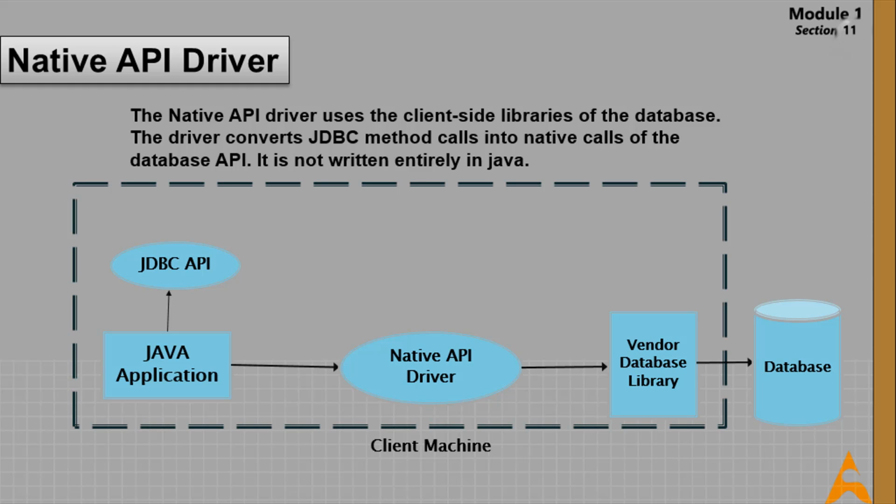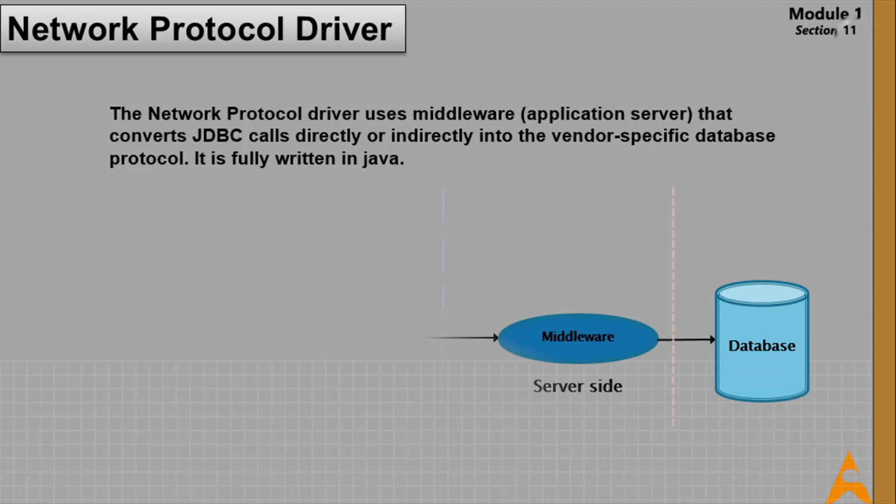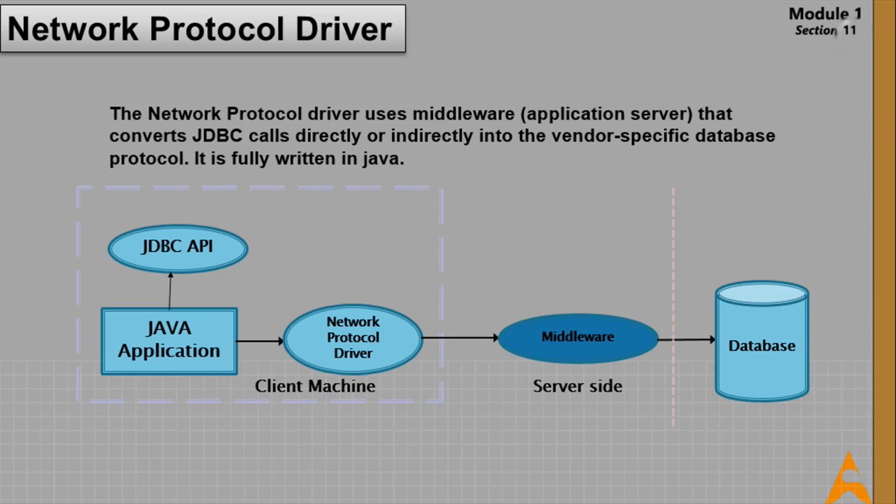Network Protocol Driver. The Network Protocol Driver uses middleware, application server, that converts JDBC calls directly or indirectly into the vendor-specific database protocol. It is fully written in Java. See the diagram.